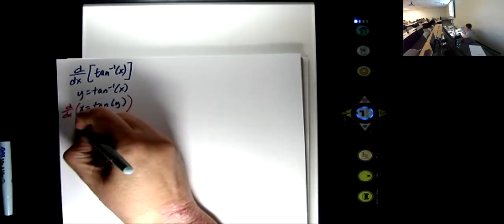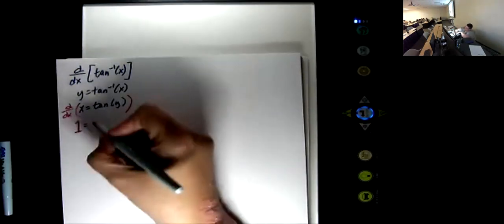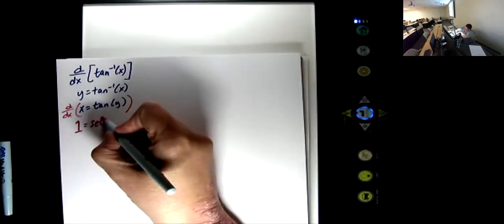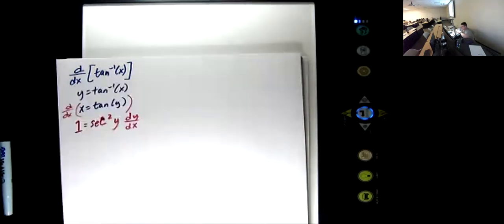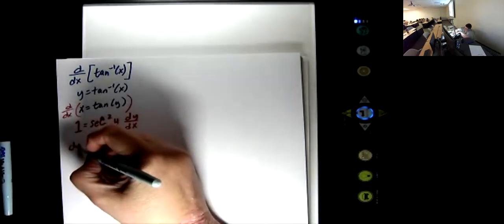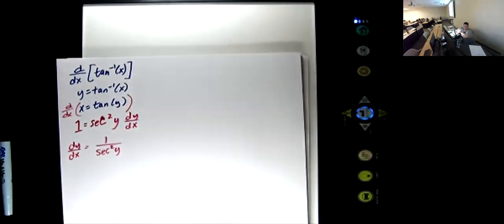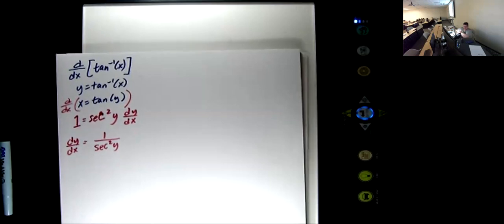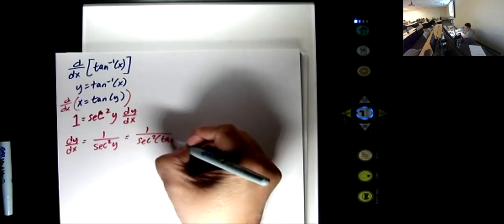I get 1 on the left. What's the derivative of tangent? Secant squared. So this is secant squared of y, and we get a dy/dx. So dy/dx equals 1 over secant squared y, which equals 1 over, I'm going to replace the y with the tangent inverse.